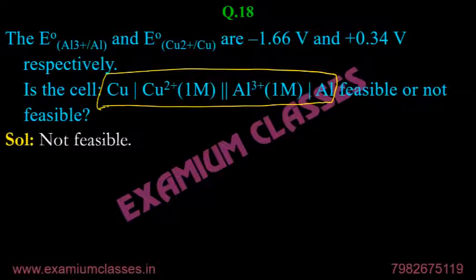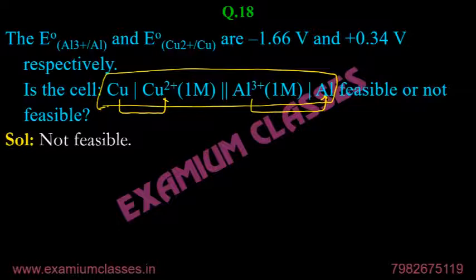When we are writing it here, the first is written as Cu2 plus, the second one is written as Al3 plus. So based on that, we get oxidation and reduction.